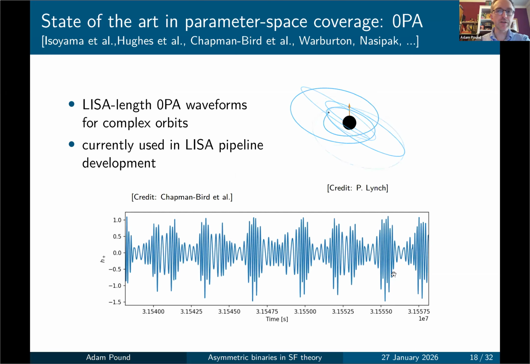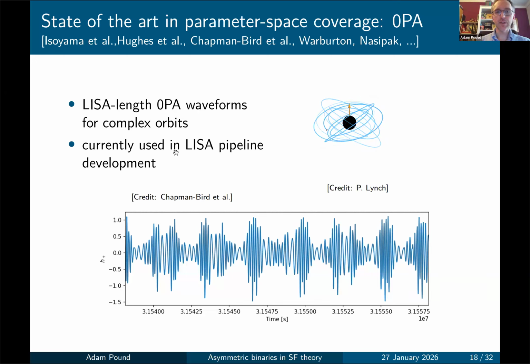Okay, so the state of the art in this whole approach, in parameter space coverage, meaning what kind of systems we can model, is at 0PA, so leading order in this whole approximation. For this, we have the FastEMRIWaveforms model in the package that can generate LISA-length waveforms for complex orbits quite rapidly, covering a huge chunk of the parameter space.